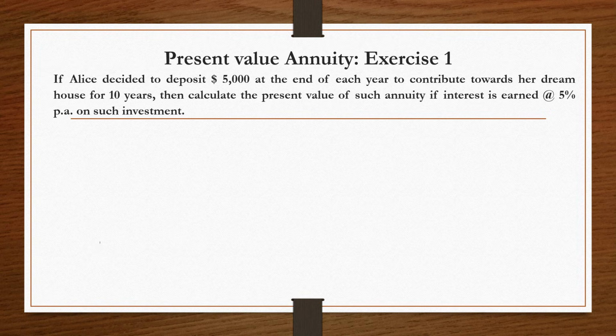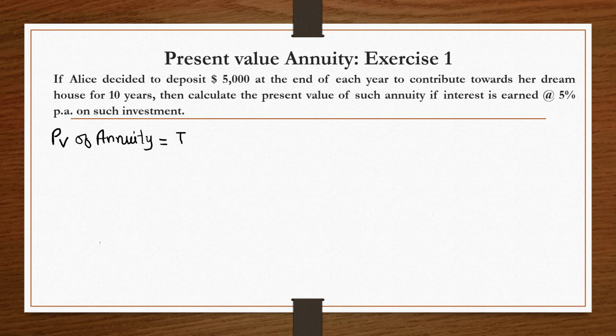We have read the question. It is asking us to calculate the present value of annuity. So first we will write the formula, present value of annuity. What is the formula?